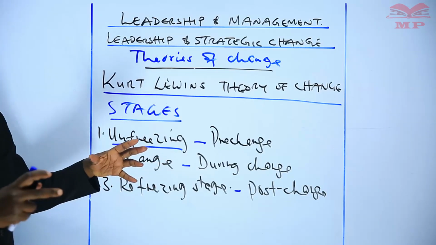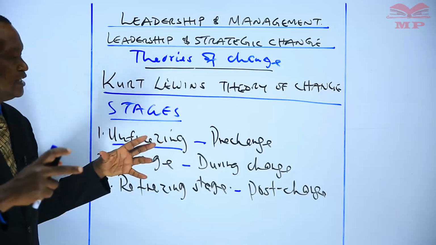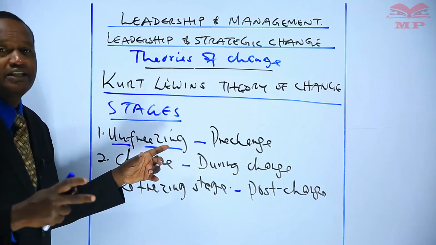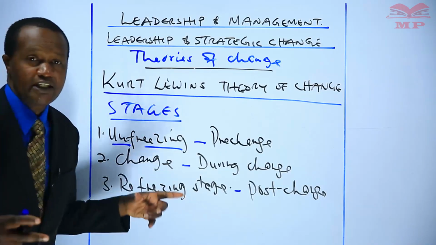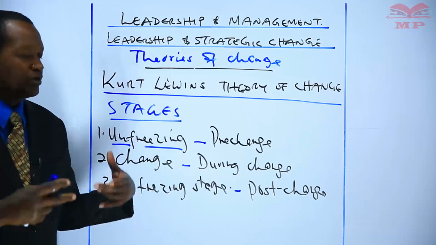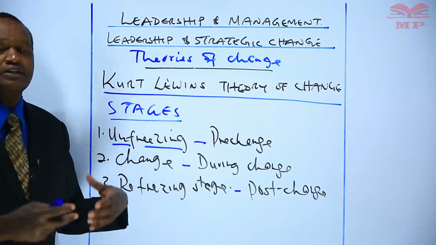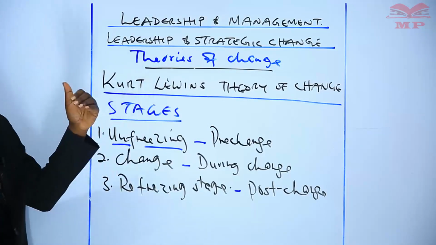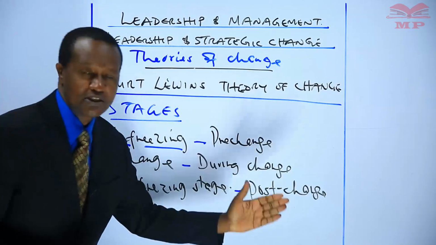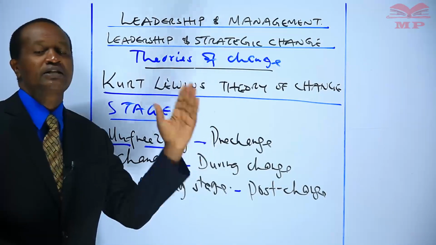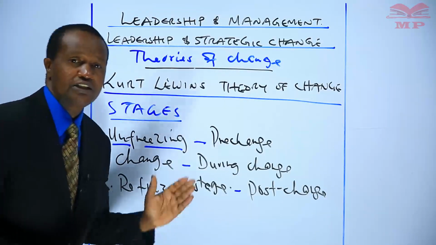I've said that unfreezing is not as easy as it seems, but it's a complex process. It's not an easy thing, because we all know that human beings are creatures of habit. When they develop a habit, unlearning habits, unlearning behavioral patterns takes time.